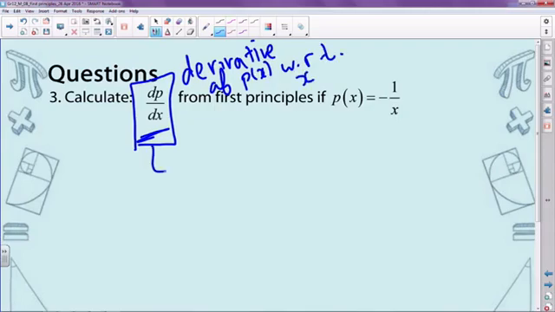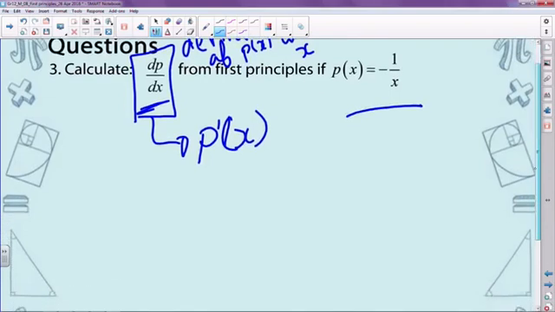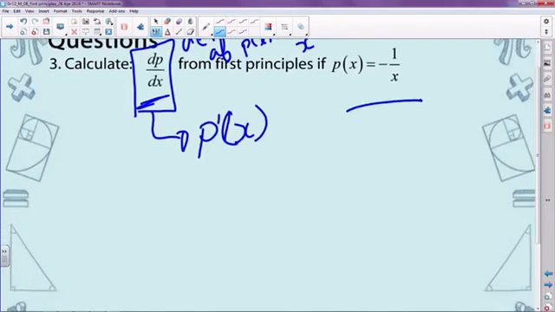Another way we could have said this was to find p prime of x, the derivative of your function p. They said use first principles, so we know that we need to use the formula that we have by definition, and they've given you p of x as minus 1 over x, which would be a hyperbola. All right, so let's go through the mechanics of this.